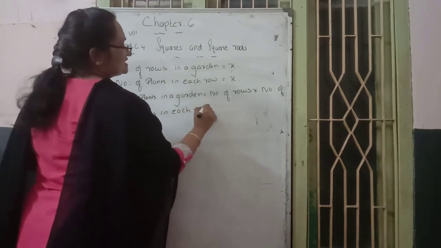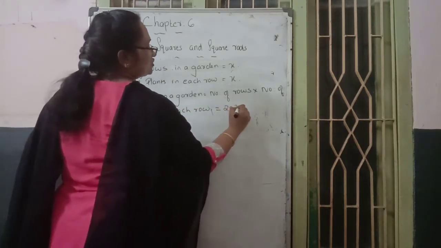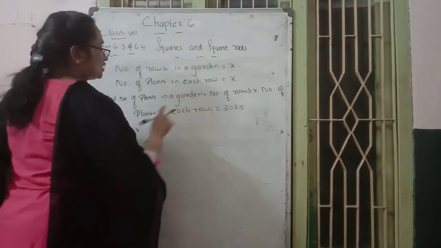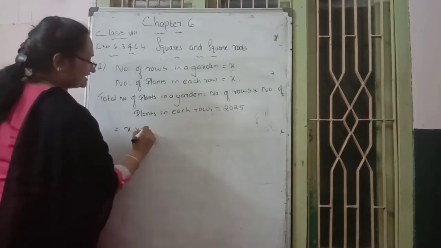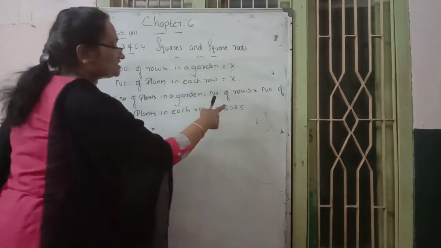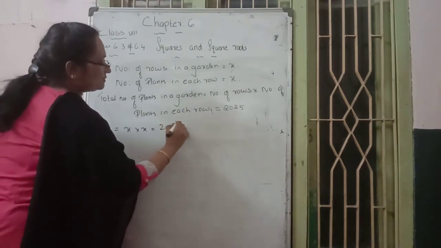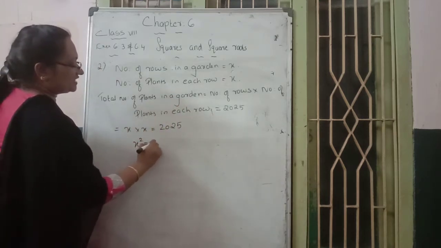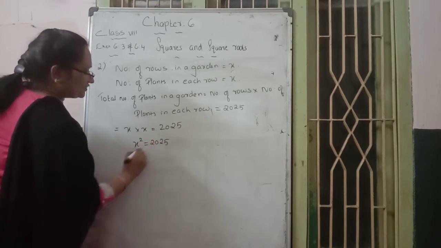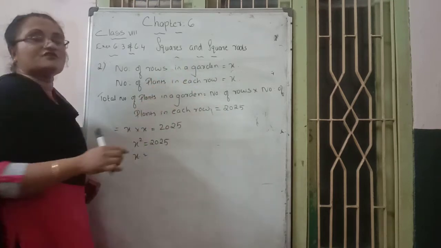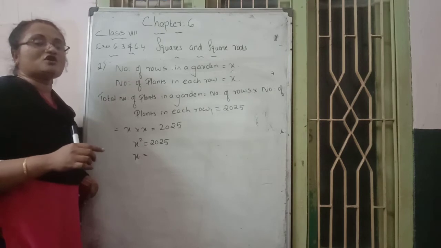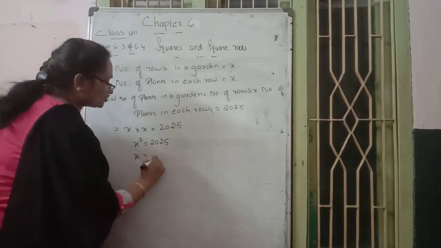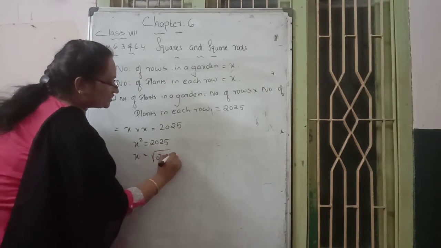Number of rows we consider as x, number of plants in each row we consider as x. So x into x, because the total number of plants they gave is 2025. x square equals 2025. We want the x value, then only we know the number of plants in each row and the number of rows. So to find the x value, take the square root of 2025.